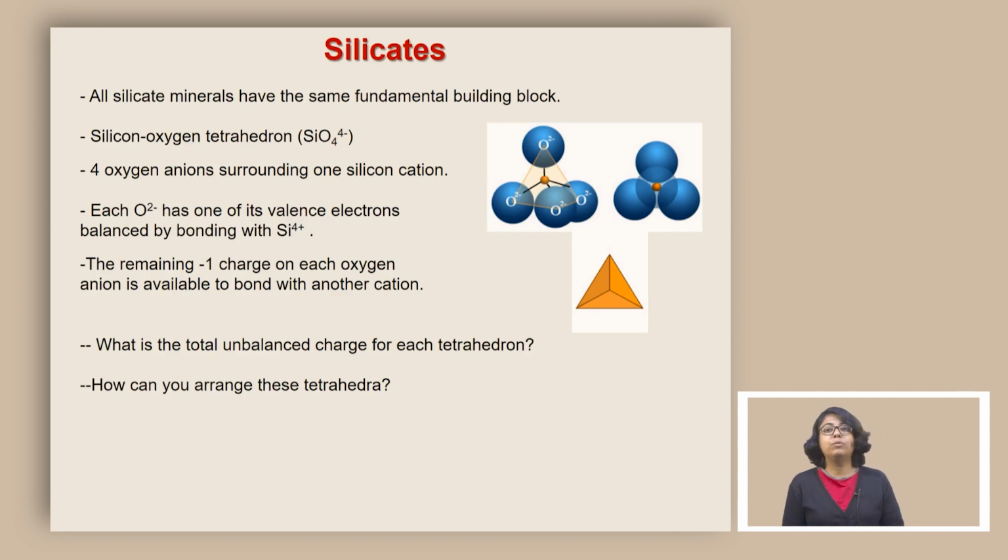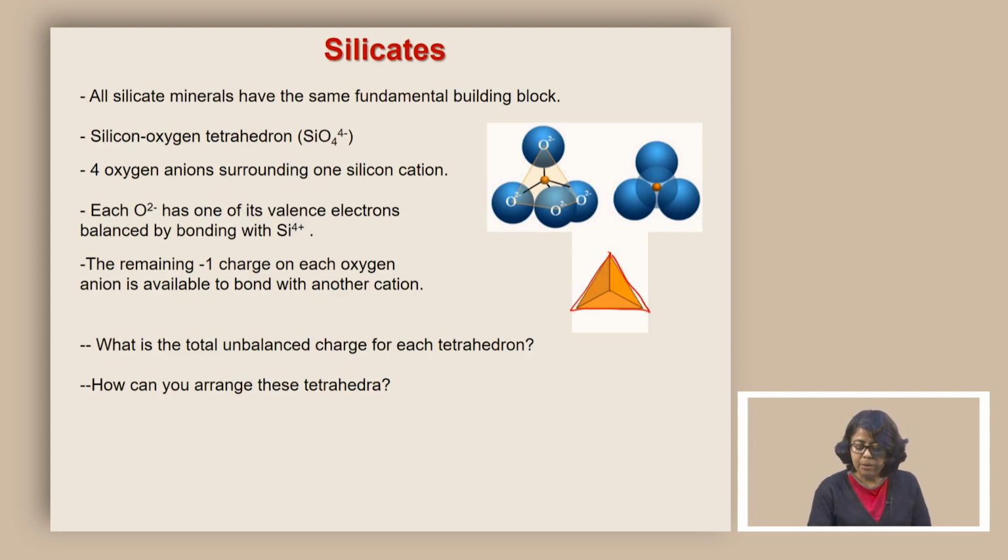That is one of the most important things to remember. In a very simplistic way, we can think of the structure as a tetrahedron, where at the center sits the silicon, and on all 4 sides there are oxygens. But because these oxygens are not perfectly balanced in terms of charge, they will try to bind with something else.